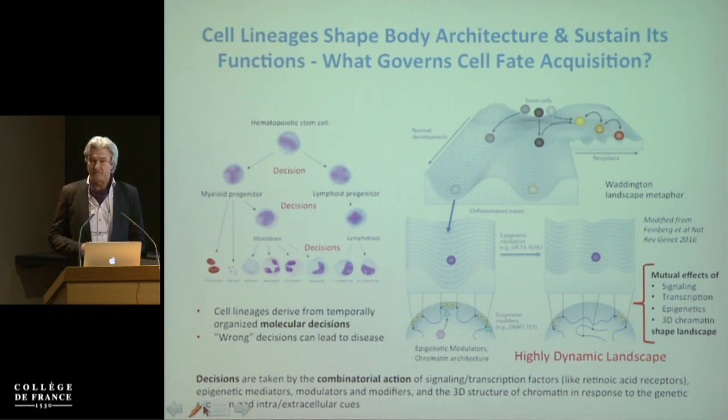This can be signaling by nuclear receptors, by hormones, but also by other types of environmental signals or metabolic signals. The readout is the transcriptome, but there is an impact from the epigenetics.